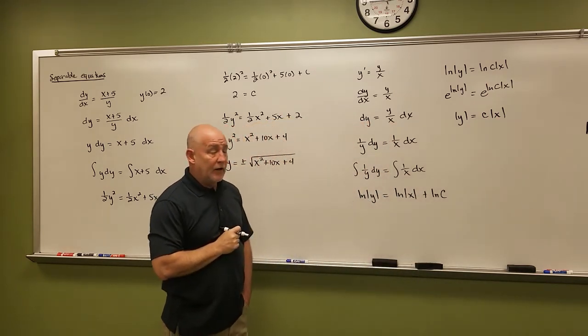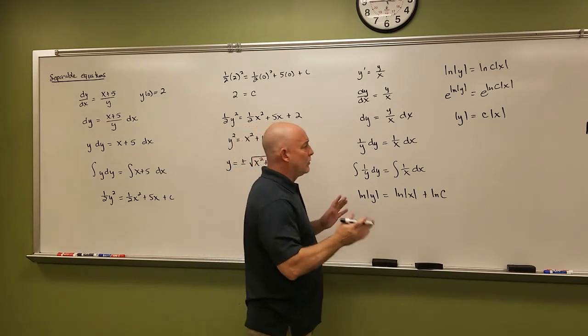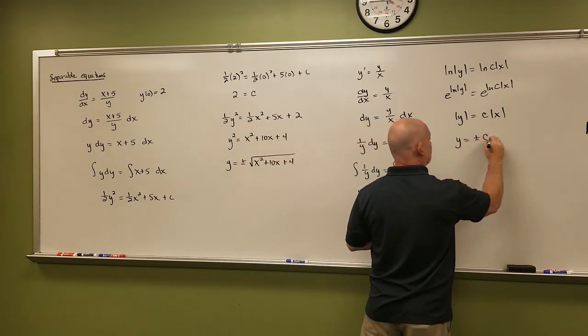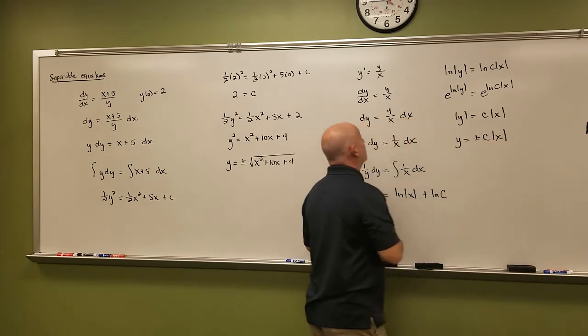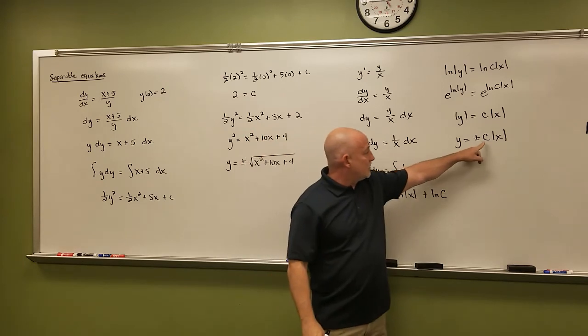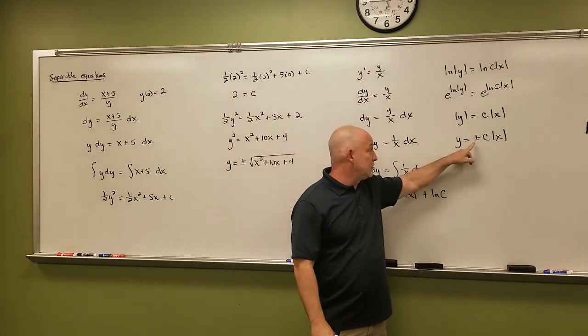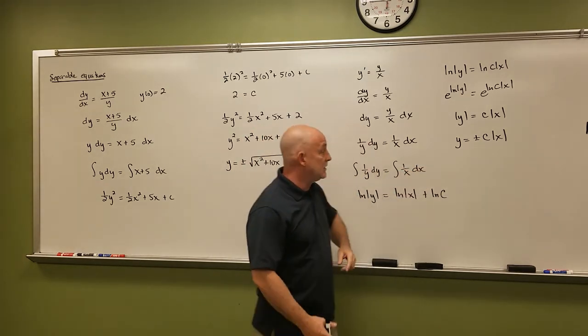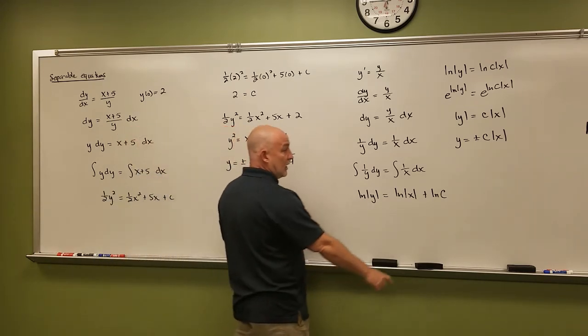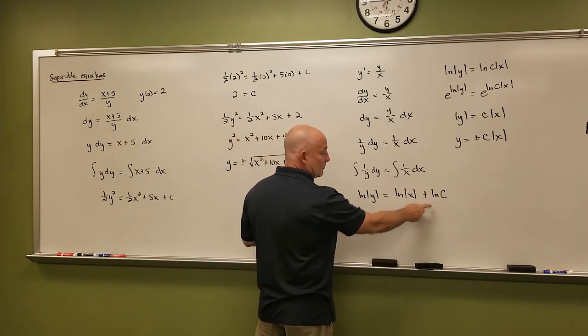You could leave it like that. Depending on how the book goes here, this can be a little tricky. The absolute value gives you a plus or minus, something like this. However, some textbooks, since that's an arbitrary constant, may actually absorb the plus or minus into the c there. So you see you have a lot of different options with your arbitrary constant.